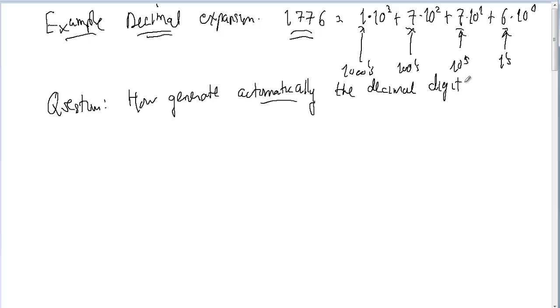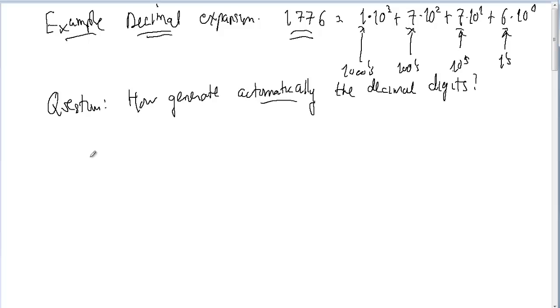For instance, if I put the number 1776 into a computer, how could I get the computer to spit out the individual digits of the decimal expansion? This is going to be useful when we do the corresponding thing for binary expansion.